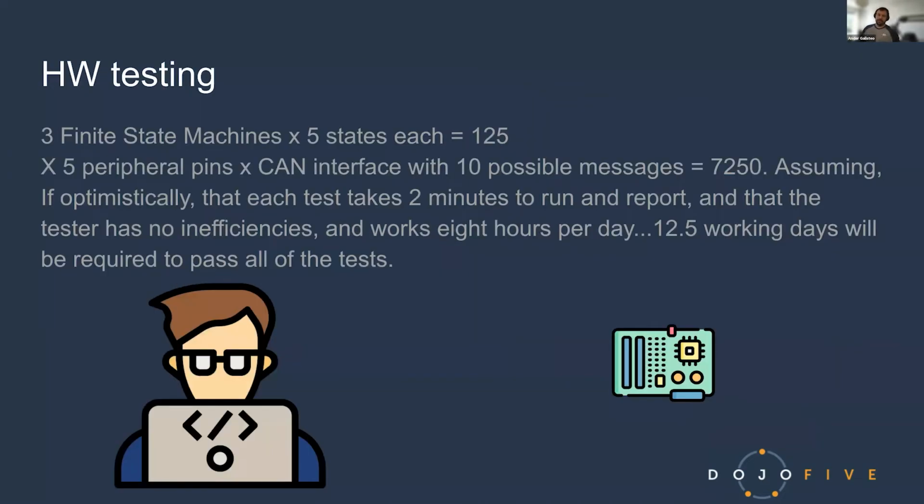So this is a very silly example, but it kind of shows how hardware testing can increase exponentially while the project's complexity increases linearly, right? So you have in your embedded system 3 state machines with 5 stages each. Then you have some peripherals with basically 2 levels and a CAN interface with 10 possible messages.